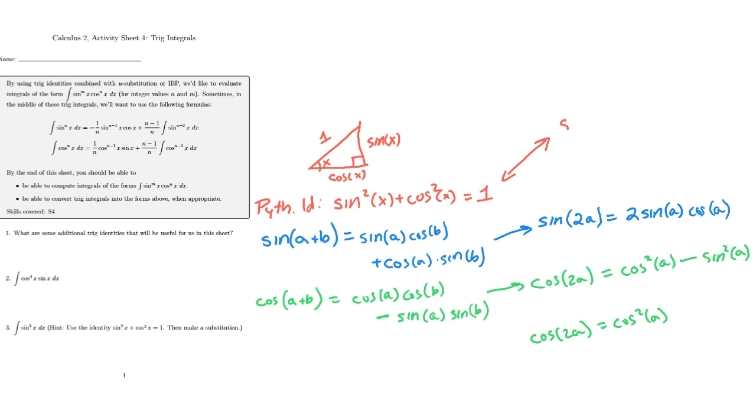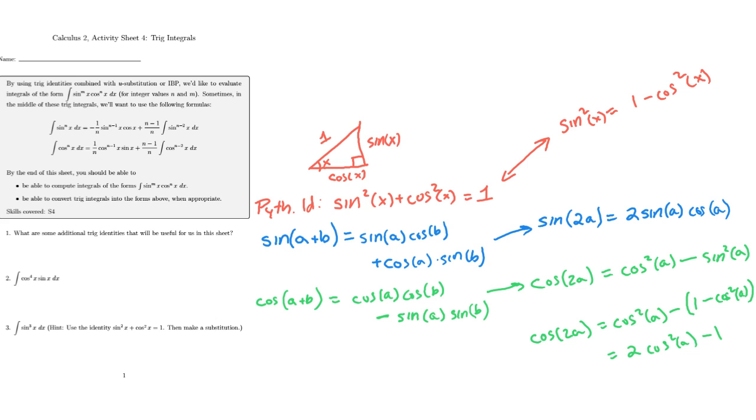That's equivalent to saying sine squared of x equals 1 minus cosine squared of x. So down here, instead of writing minus sine squared of a, I can write minus, and replace the sine squared with 1 minus cosine squared. And that simplifies down. That's going to end up becoming 2 cosine squared of a minus 1.